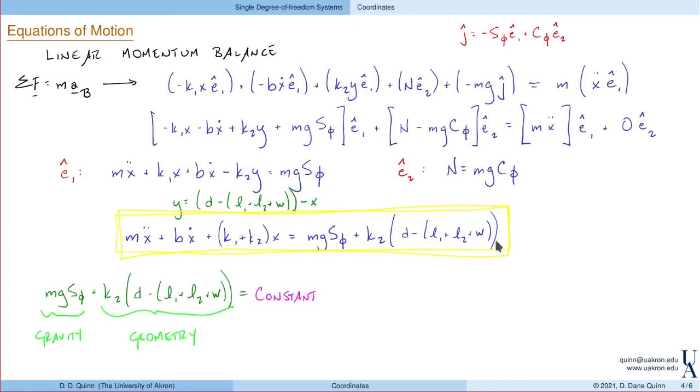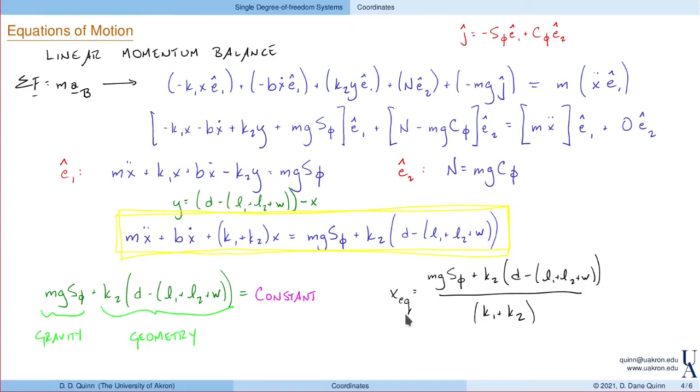So now going back to this equation, solving for the static equilibrium position essentially is this spring term, the force in the two springs, balancing out this stuff on the right, right? And so we would find that the equilibrium position would be mg sine, and then this term due to the geometry, d minus L1 and L2 and W, all divided by K1 plus K2.